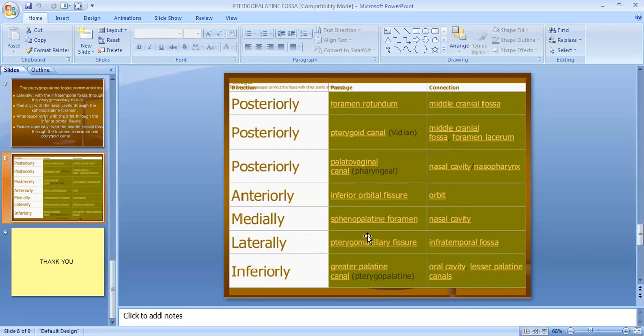Medially, through the sphenopalatine foramen, it communicates with the nasal cavity. Laterally, through the pterygomaxillary fissure, it communicates with the infratemporal fossa. And inferiorly, through the greater and lesser palatine canals, it communicates with the oral cavity.